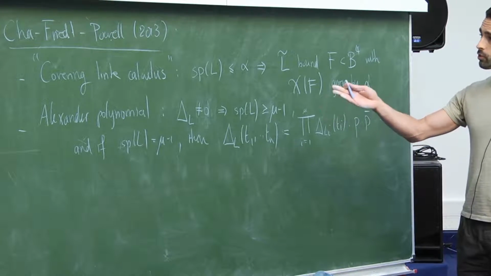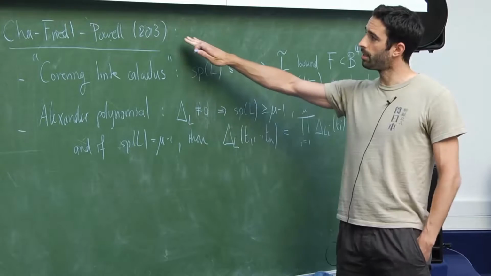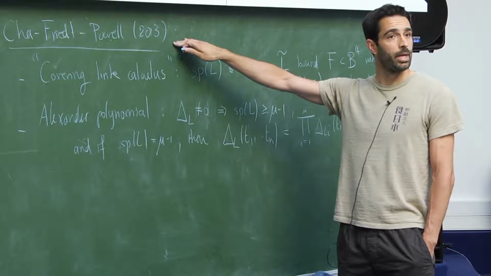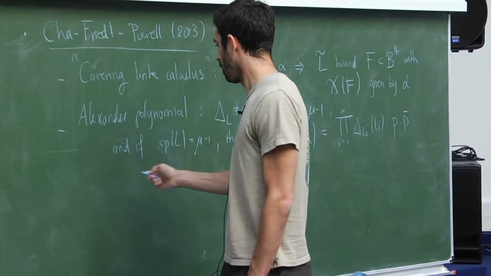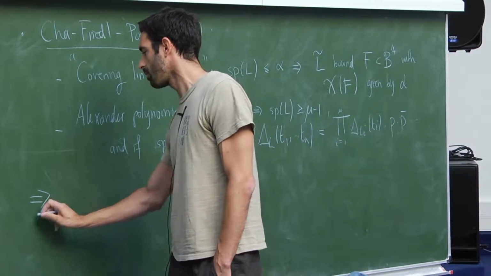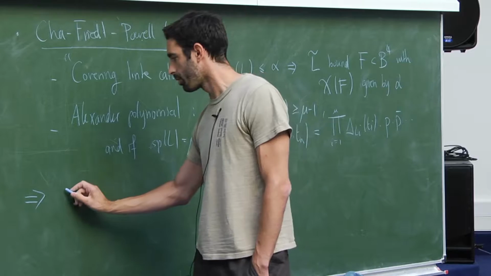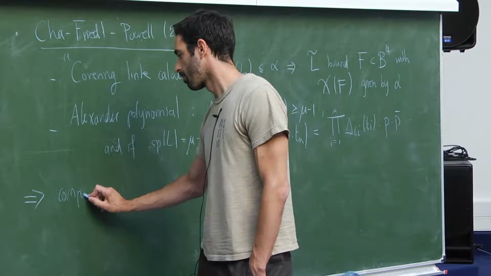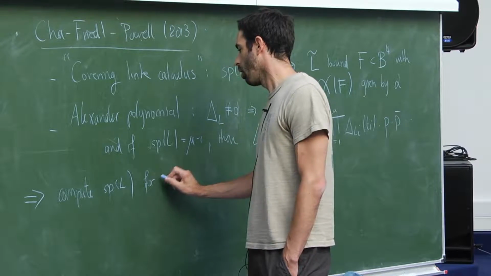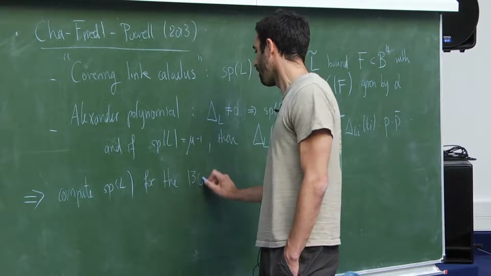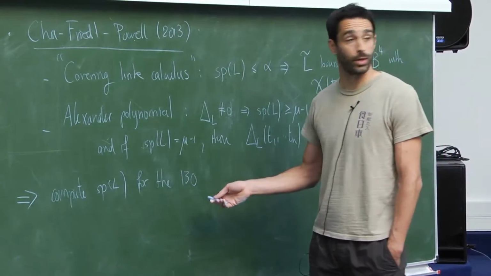These methods are very nice and they were extremely successful in applying them. Namely, using these methods, and of course the linking bounds, they were able to do what? First, to compute the splitting number for the 130 prime links up to 9 crossings.